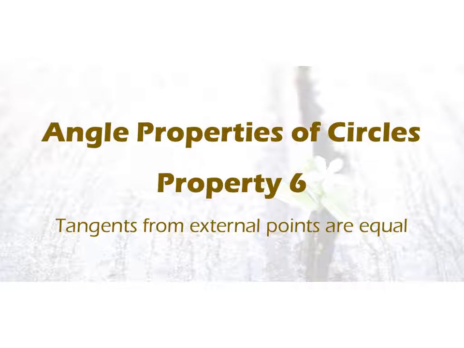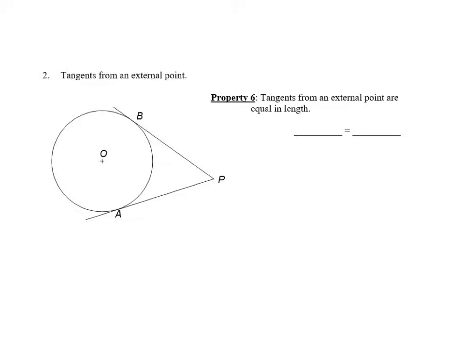Angle properties of circles. Property number 6. Tangent from external points are equal. As a spin-off of the previous property, tangent is perpendicular to the radius. Let's take a look at this diagram over here. I have two tangents being drawn from the point P. And the first tangent is AP.